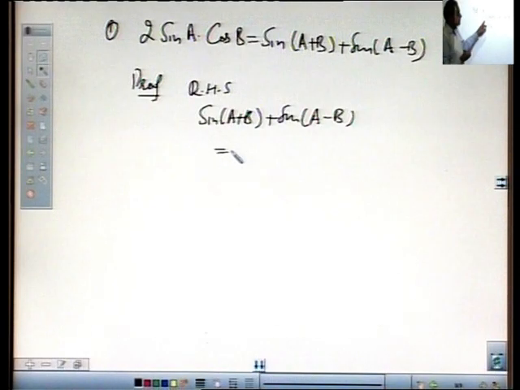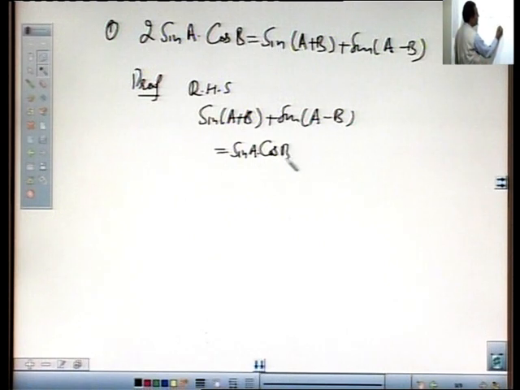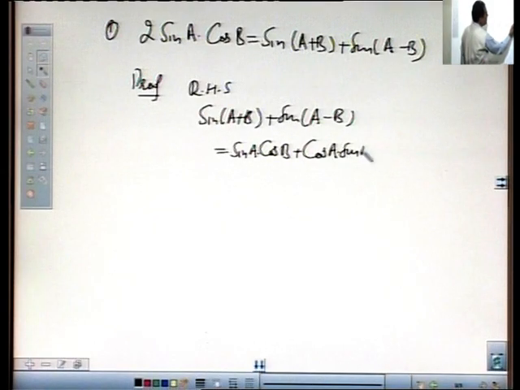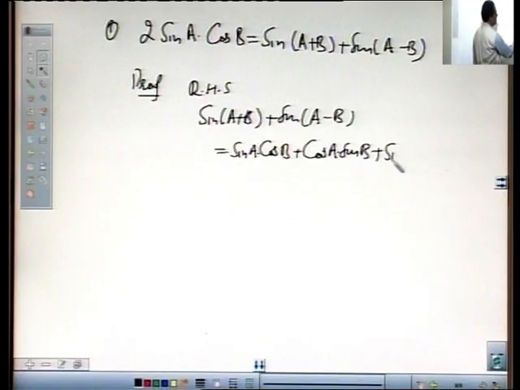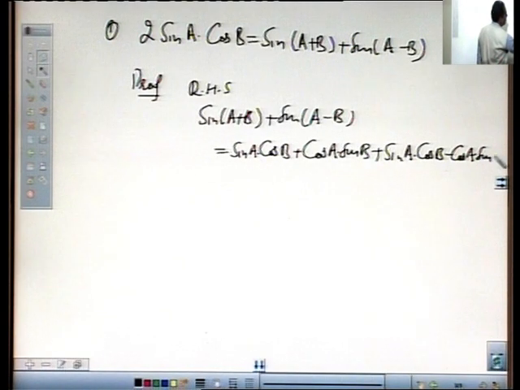We know the formula sin(A plus B) is sin A cos B plus cos A sin B, and the formula sin(A minus B) is sin A cos B minus cos A sin B.